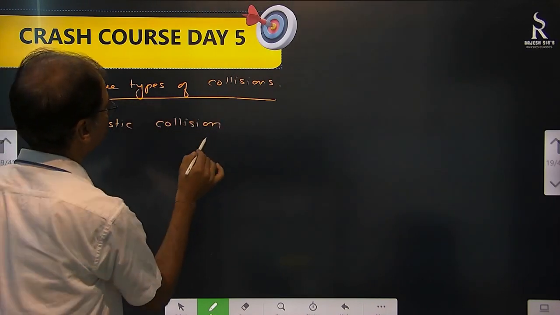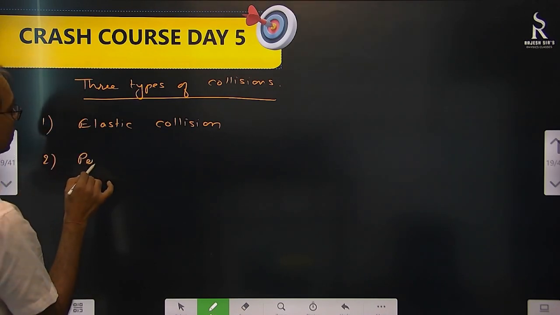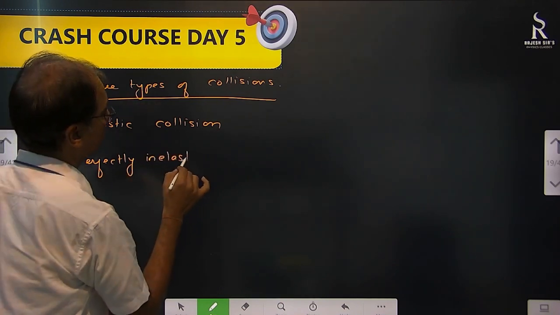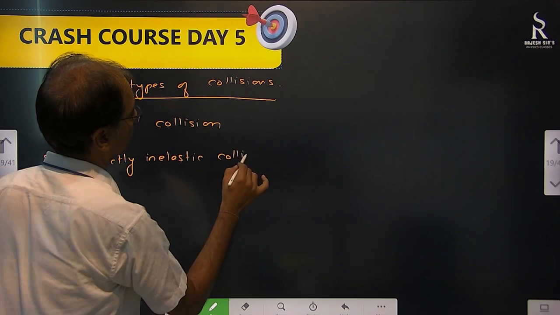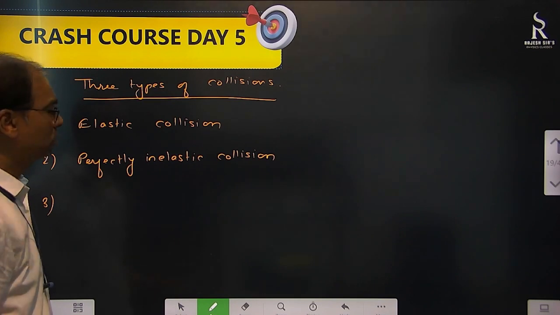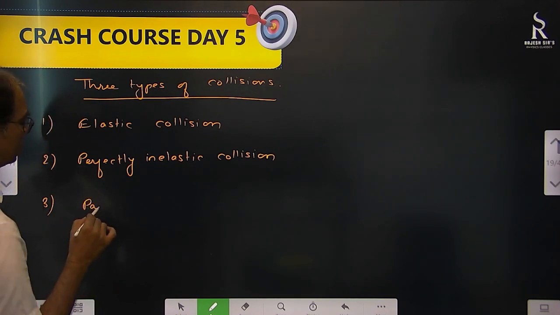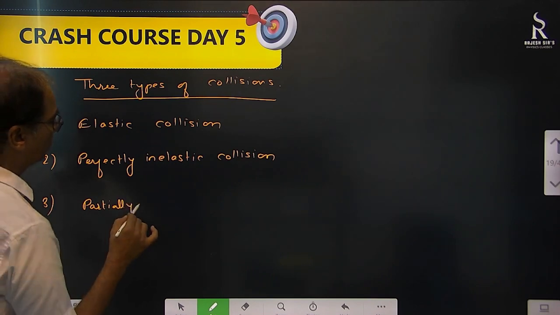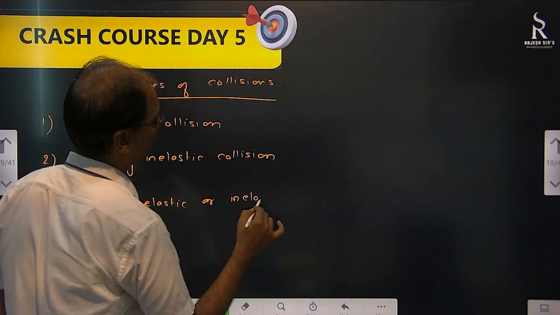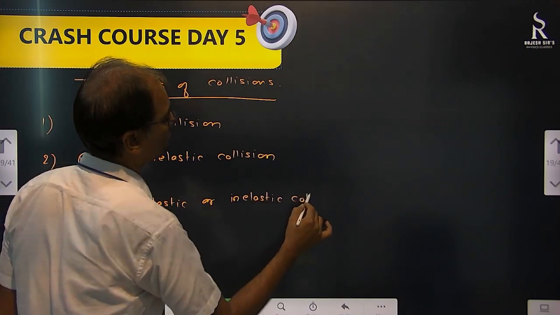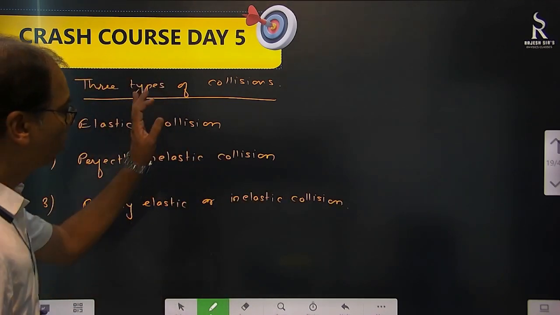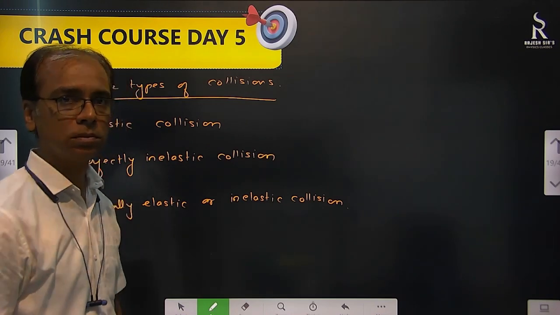Elastic collision, perfectly inelastic collision, and partially elastic, or you say inelastic collision. So three types are there: elastic, perfectly inelastic, partially elastic. In all of them, momentum is conserved. There's no doubt about that.